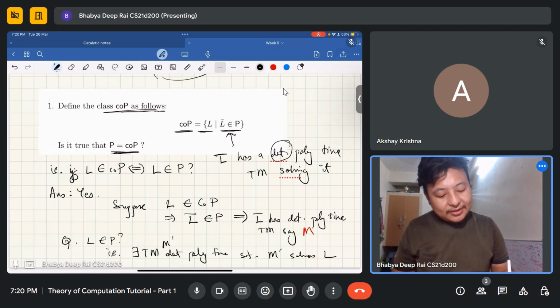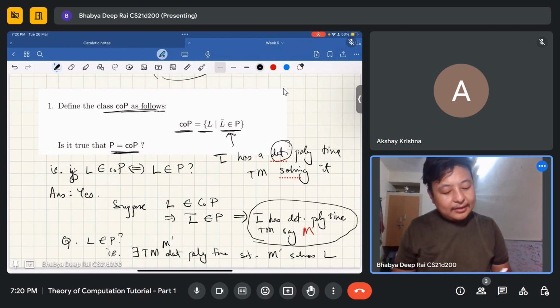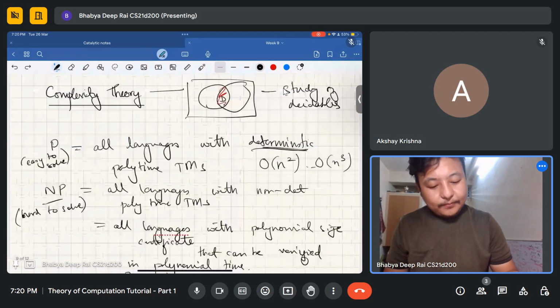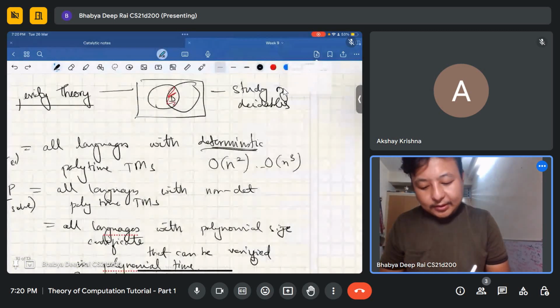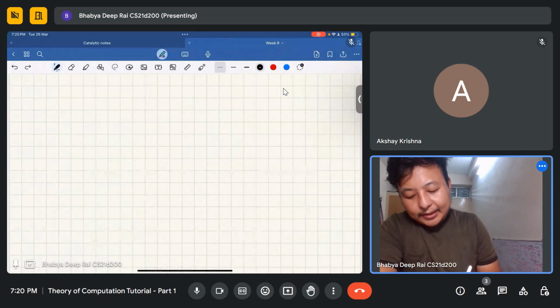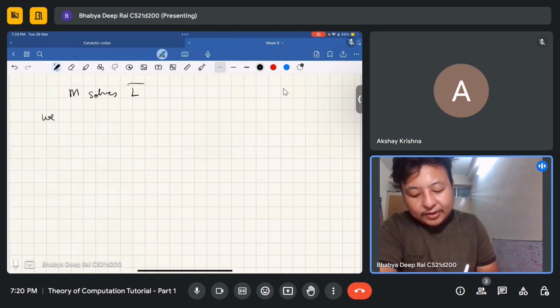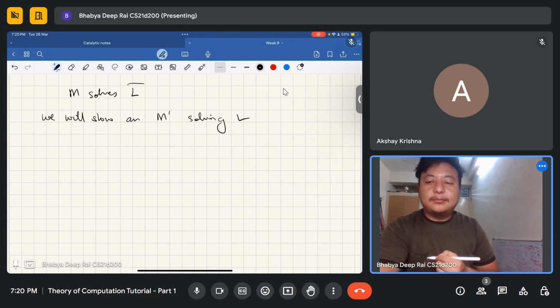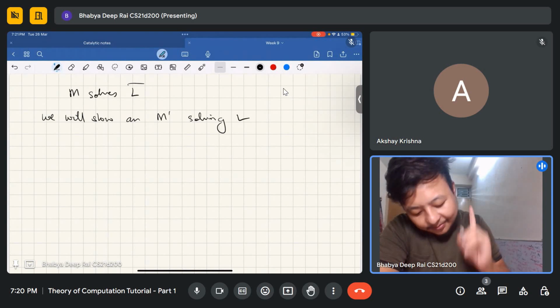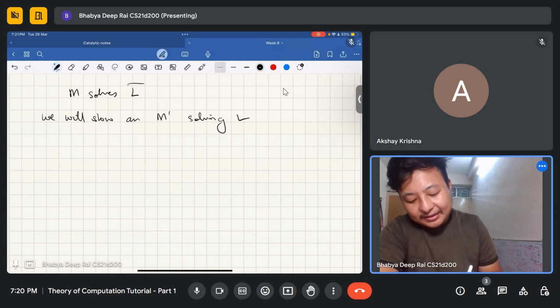Yes, the answer is yes, because L bar is decided by M. We want to form an M prime that solves L. M solves L bar. We will show a machine M prime solving L, and M prime is very simple.